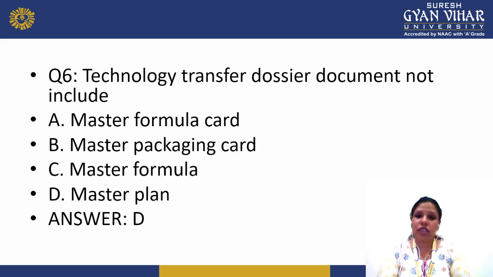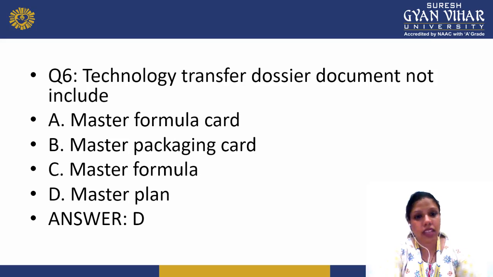Next is the technology transfer dossier document does not include master formula card, master packaging card, master formula and master plan. So answer D is correct, that is master plan is not included. There are some things which we will discuss in our next class. The questions are mixed actually here.